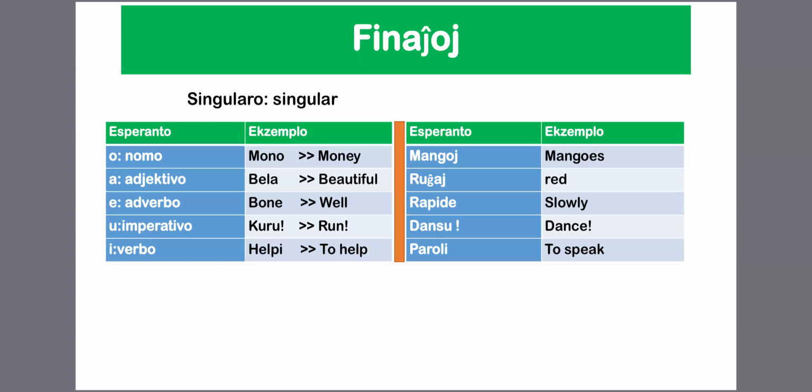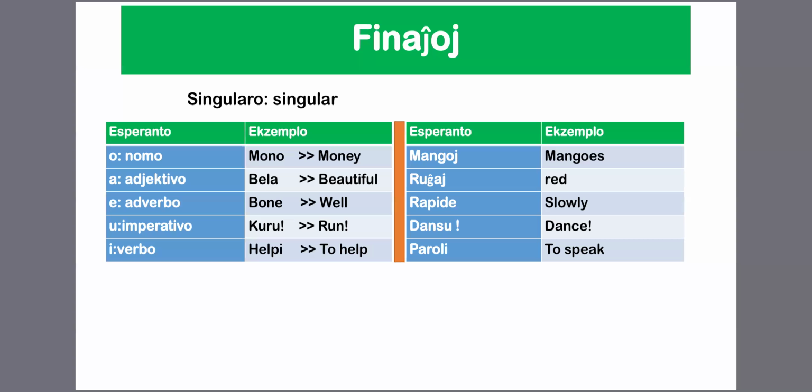Though I can say that, okay, I also showed you how we can put something in plural. So for example, if I say mono, mono is singular, money, but money should also be in plural.